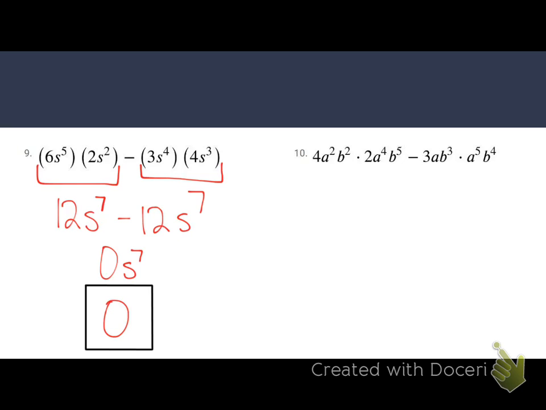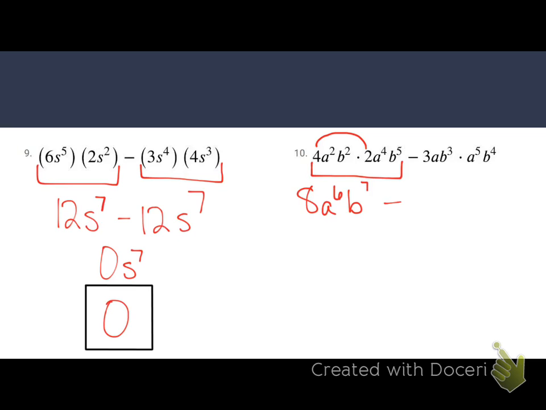Okay? On number 10, again, make sure you're splitting your problem up based on where the addition or subtraction sign is. So the first part of it is 4a squared b squared times 2a to the 4th b to the 5th. So 4 gets multiplied by 2, and we get 8 a to the 6, b to the 7. Questions about where those 6 and 7 came from?